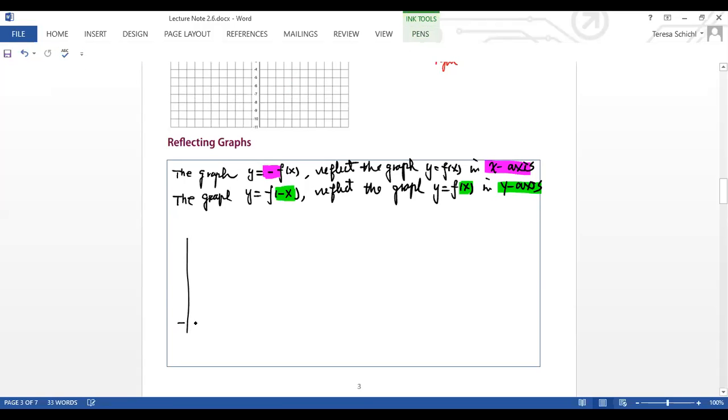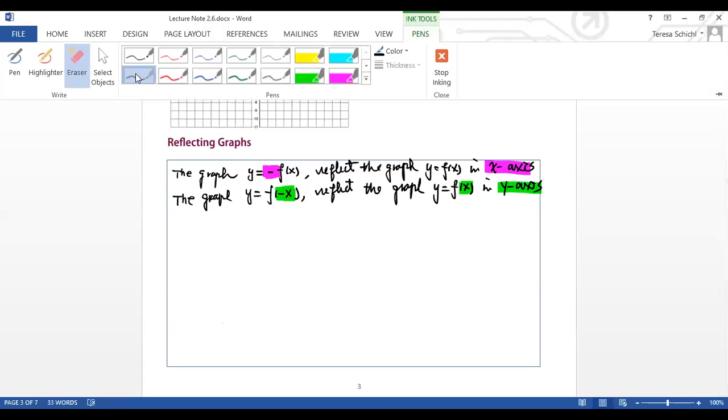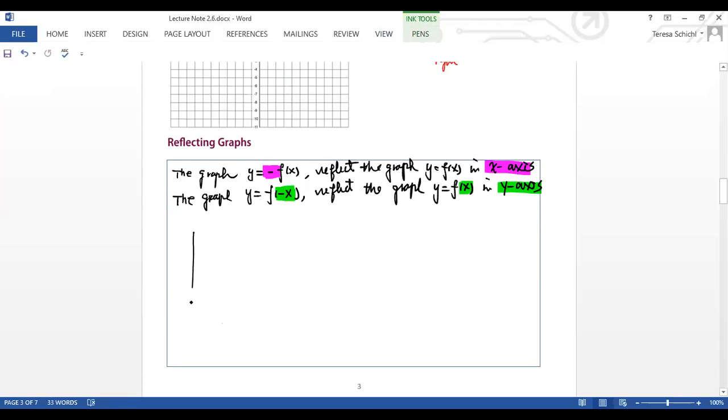Okay, so now let's take a look at what we mean on a graph. Let's say my original graph is like this. This is f of x, this is my x-axis, this is my y-axis.